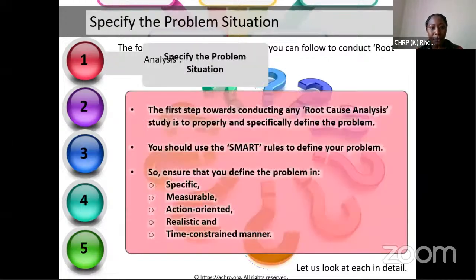So specify the problem. I said, let's apply the SMART rules. So as we are defining the problem, it must be specific, measurable, action-oriented. The kind of problem you're stating, is it something that we can act on? Is it action-oriented? Is it realistic again? Is it time constrained?